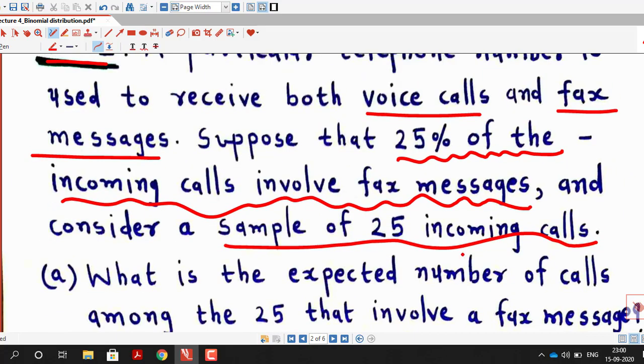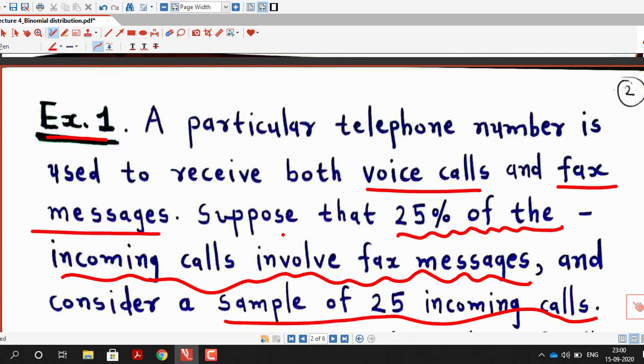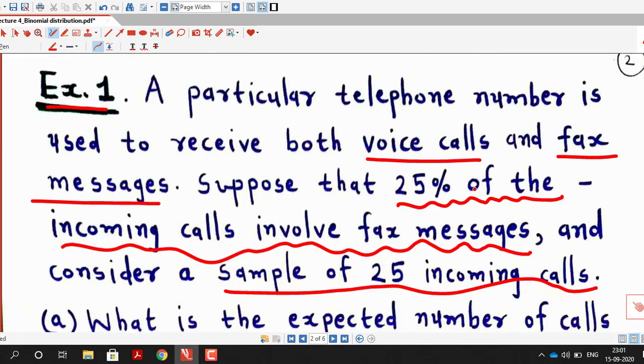So first we have to check whether this problem is of binomial distribution or not. Here we are given a particular telephone number that is used to receive voice calls and fax messages, and it is given that 25% of the incoming calls involve fax messages.